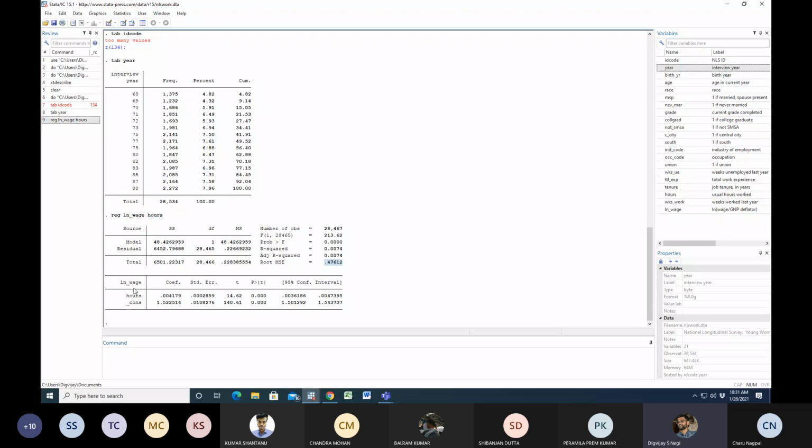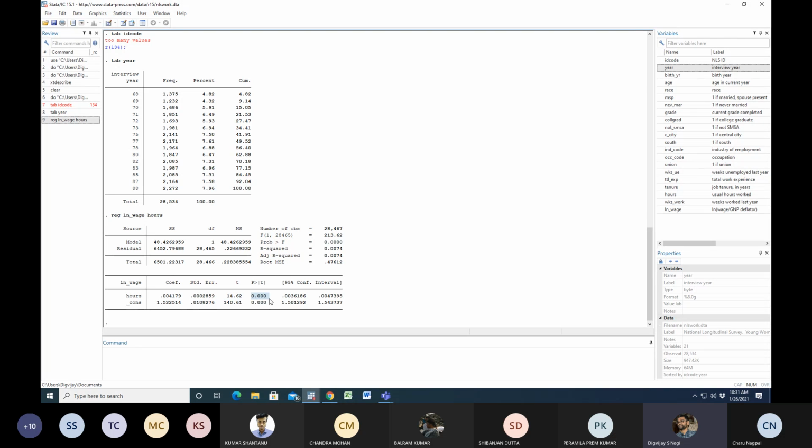And then what we are interested in is this block. It gives you the beta coefficient, delta, beta, whatever you may call it, the slope. Here is the intercept term. These are the associated standard errors for the slope and for the intercept, and T is just the coefficient divided by the standard error. So this is the T stat.